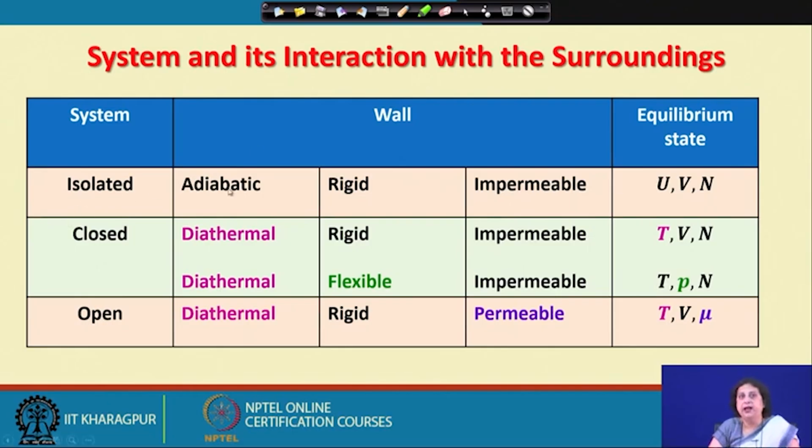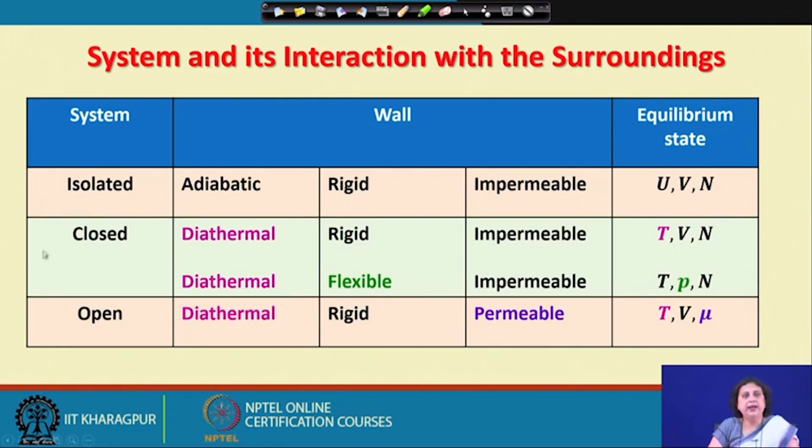If I have an adiabatic wall that is rigid and impermeable to the substance that is there inside the box, I will be having an isolated system, isolated from the surrounding. And I can very easily describe the equilibrium state of the system by assigning specific values of its energy U, the volume of the box V, and the number of particles present in the system.